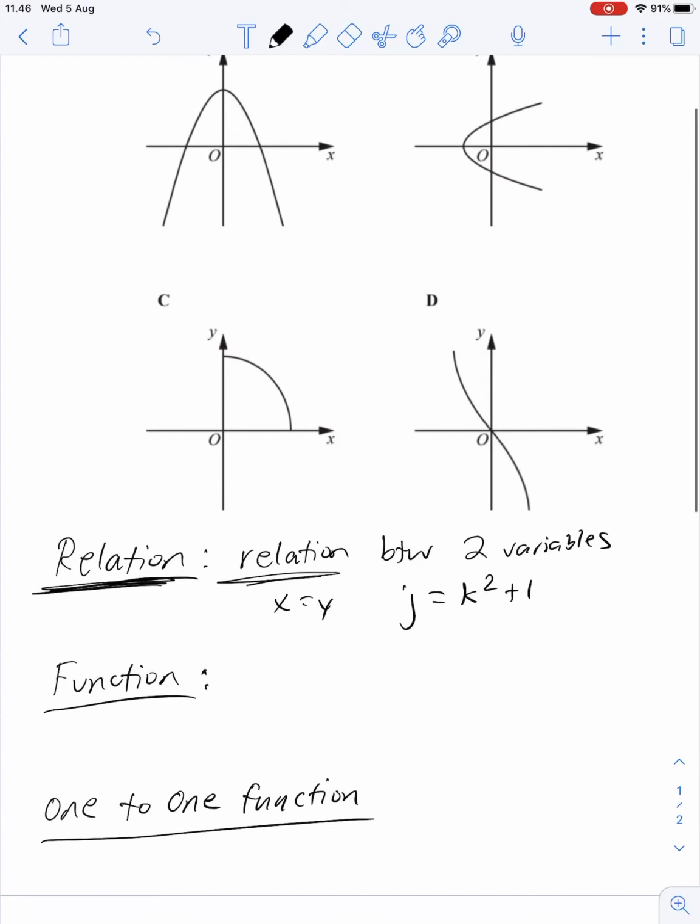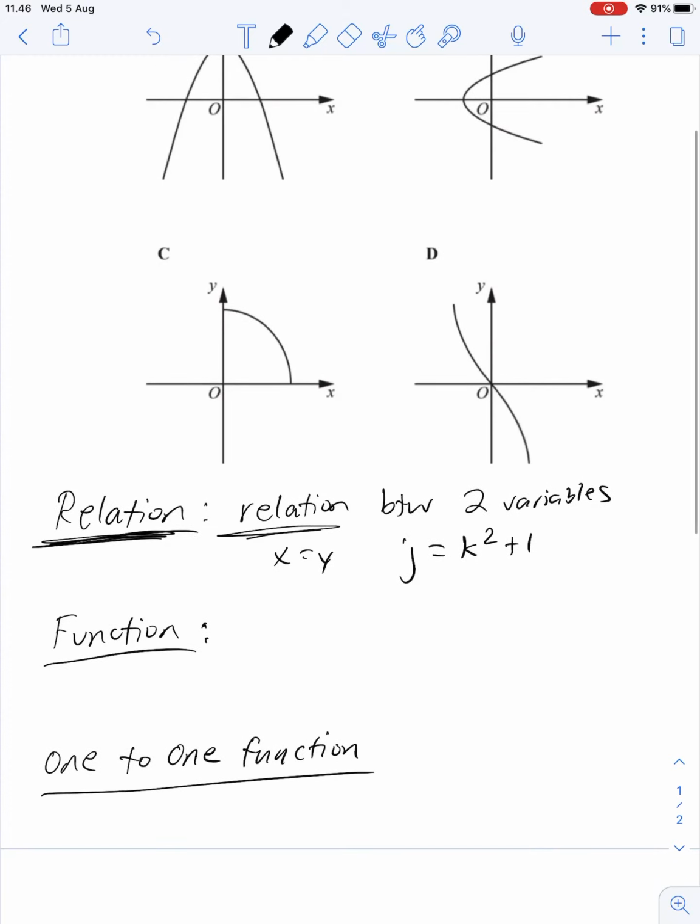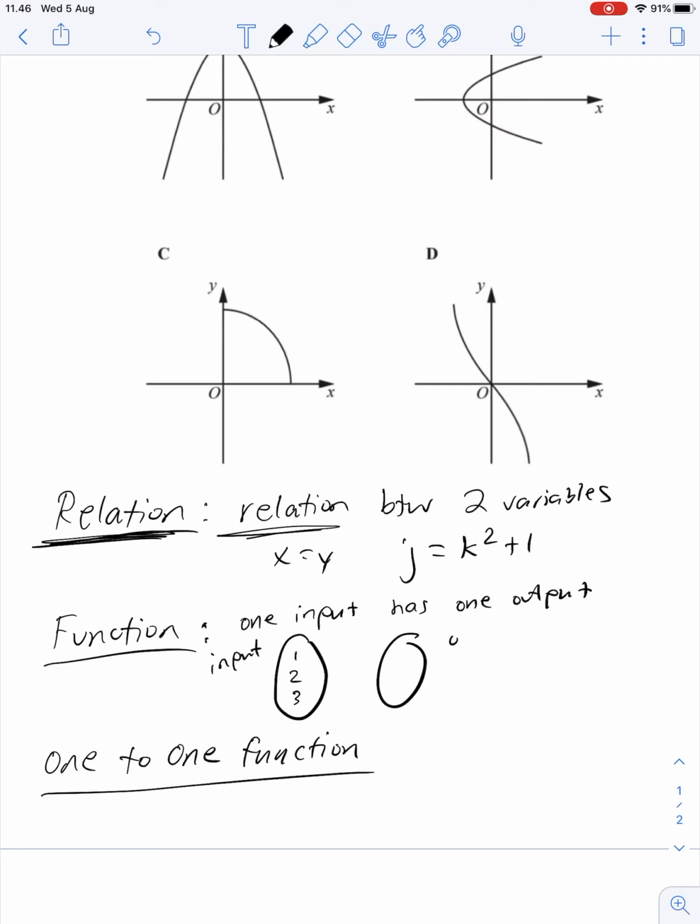Now, a function gets a little more specific. A function says one input has one output. For example, if I have the input here, this is 1, 2, and 3, and I have the output here.